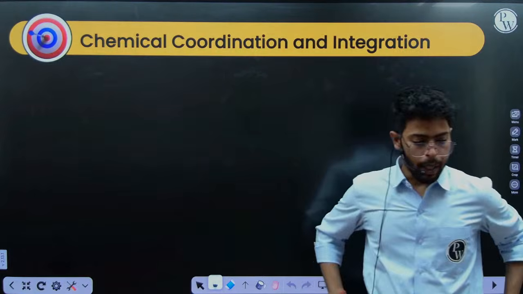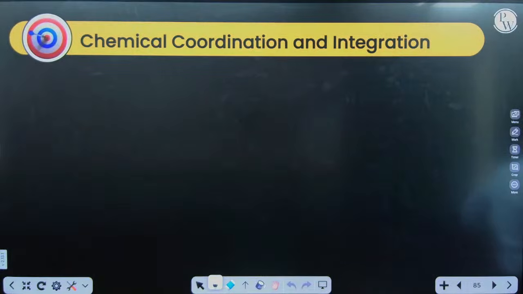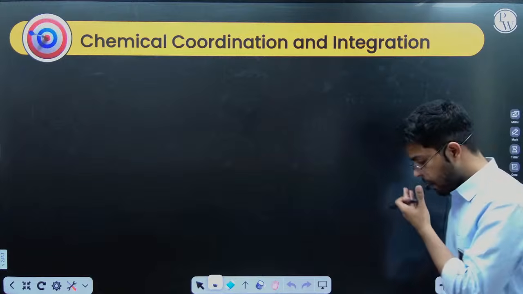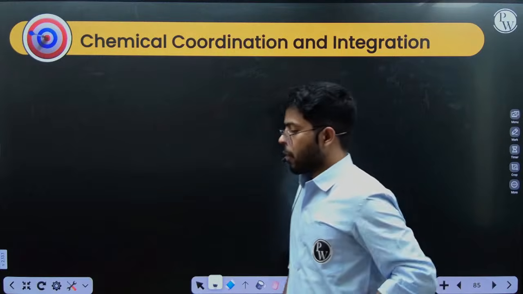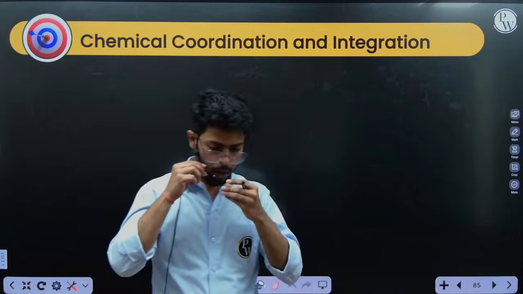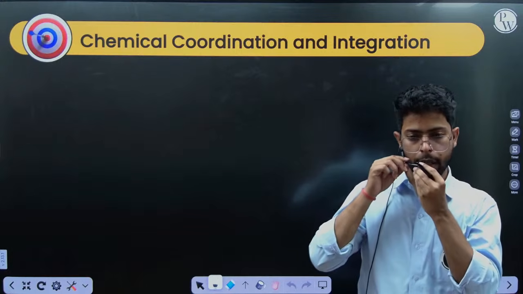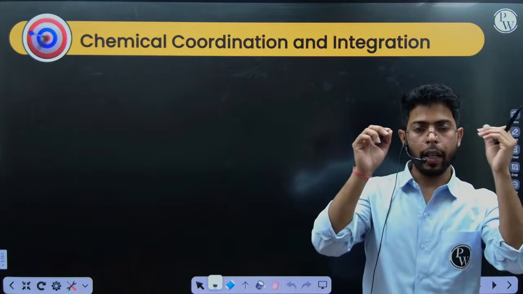Now our next chapter is chemical coordination and integration. In this chapter we'll study basically about the endocrine system or hormones.